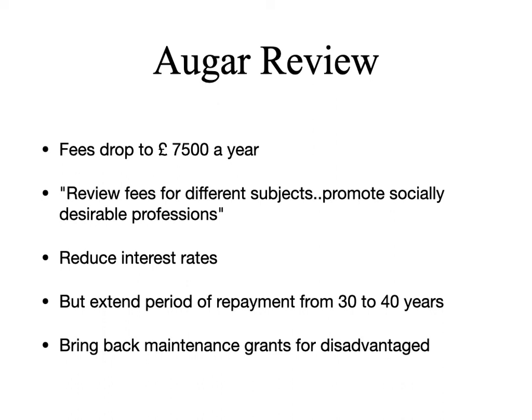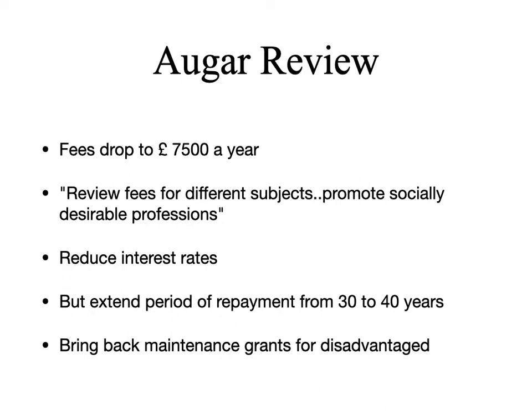And in the Augar review, there was a recommendation indeed to reduce fees to £7,500 a year, to review the fees for different subjects, to promote what they called socially desirable professions, to reduce the interest rates, which are very large on student debt, but to extend the period of repayment from 30 to 40 years, effectively your whole working life.